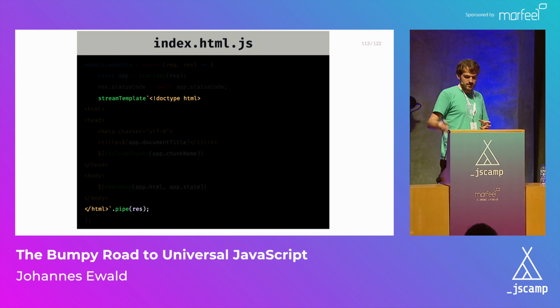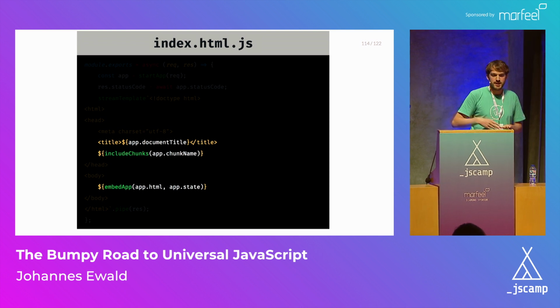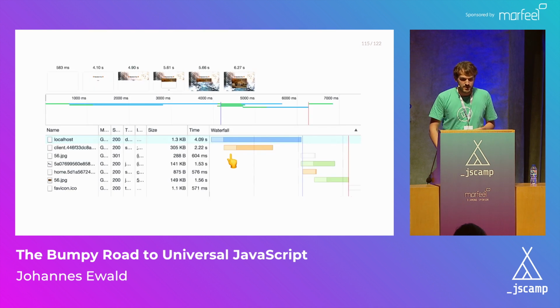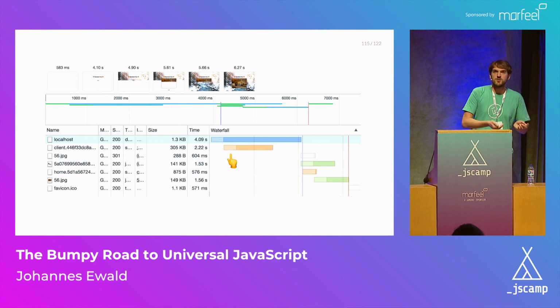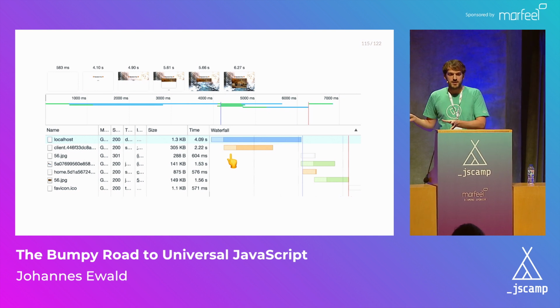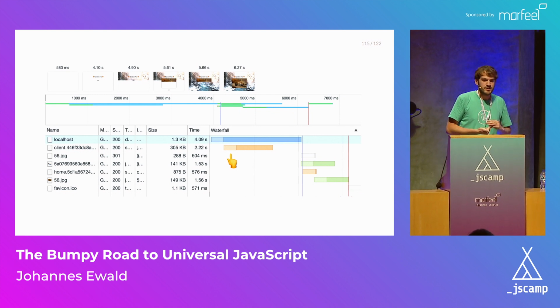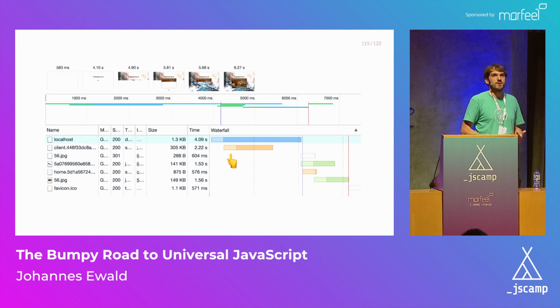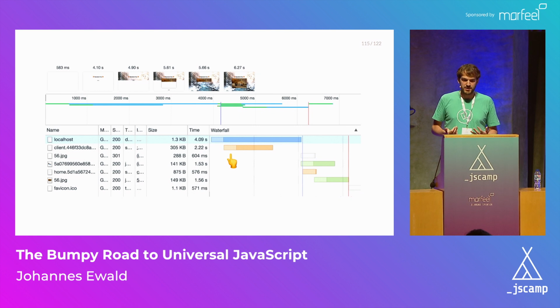And it takes all the promises and waits until they are resolved and sends out the chunks as soon as they are ready. And this changes the network graph into something like this. So while the data is loaded, while the HTML is being rendered, we already sent some HTML to the browser, and the browser can start to request our JavaScript bundle, for instance, or other static parts of the document.